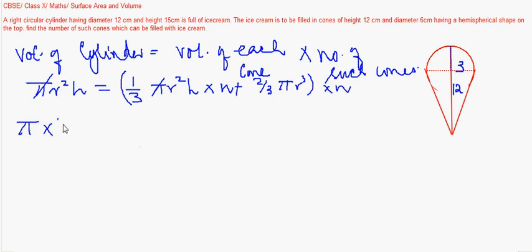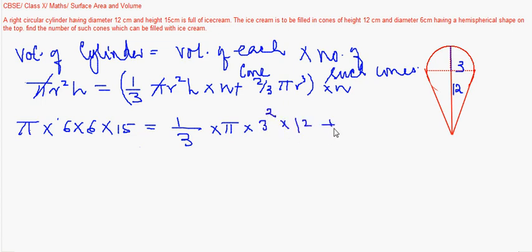Pi r square h is given to be 6 into 6 into 15. It's equal to 1 by 3 into pi into r square is 3 square into height is 12, plus 2 by 3 pi, r will remain the same, so it is 3 cube. Let us keep them as it is. It is 36 into 15, which would give me 540 pi.